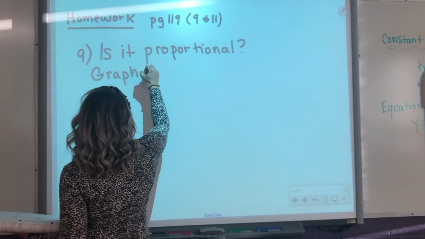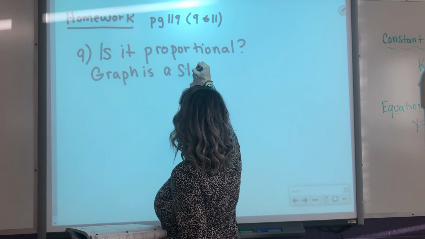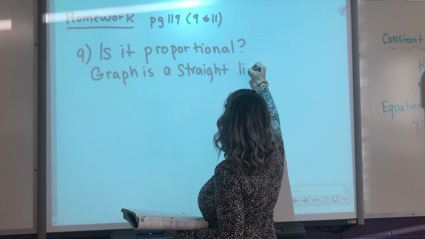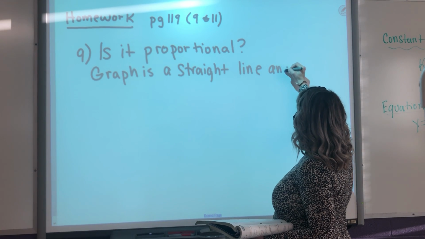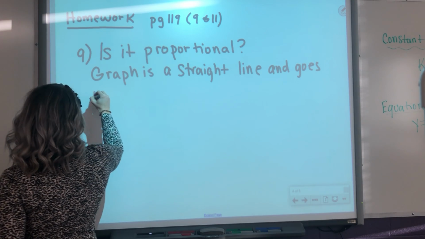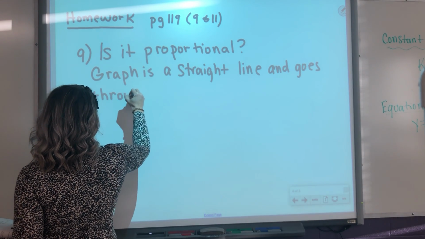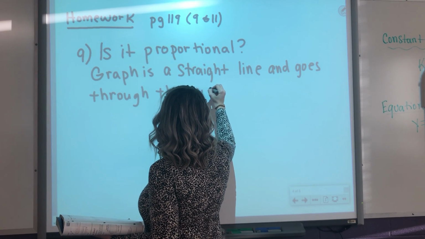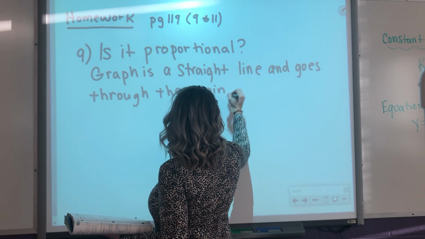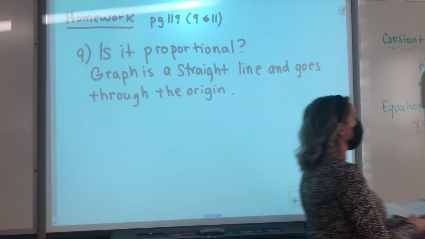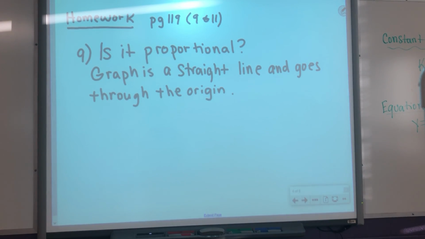The graph is a straight line and goes through the origin. So it meets both our criteria, right? We talked about that yesterday. For a graph to be a proportional relationship, it has to be a straight line and has to go through the origin.